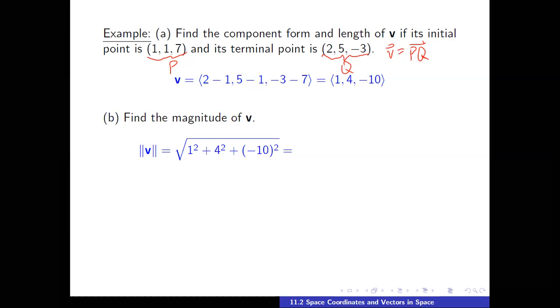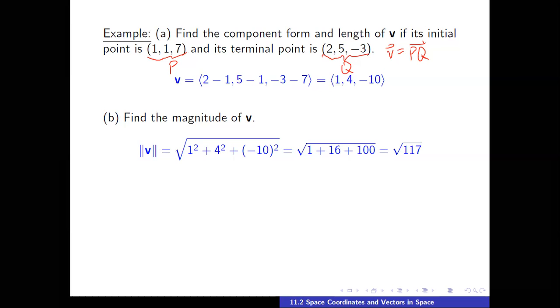If I ever see you put a negative under the square root when you're trying to find the length of something, that is not good, okay? A lot of times people will sort of incorporate a negative in place of that plus sign right there. I don't know why that tends to happen, but please don't do that, okay? So I get the square root of 117 is the total length of this thing, yeah?